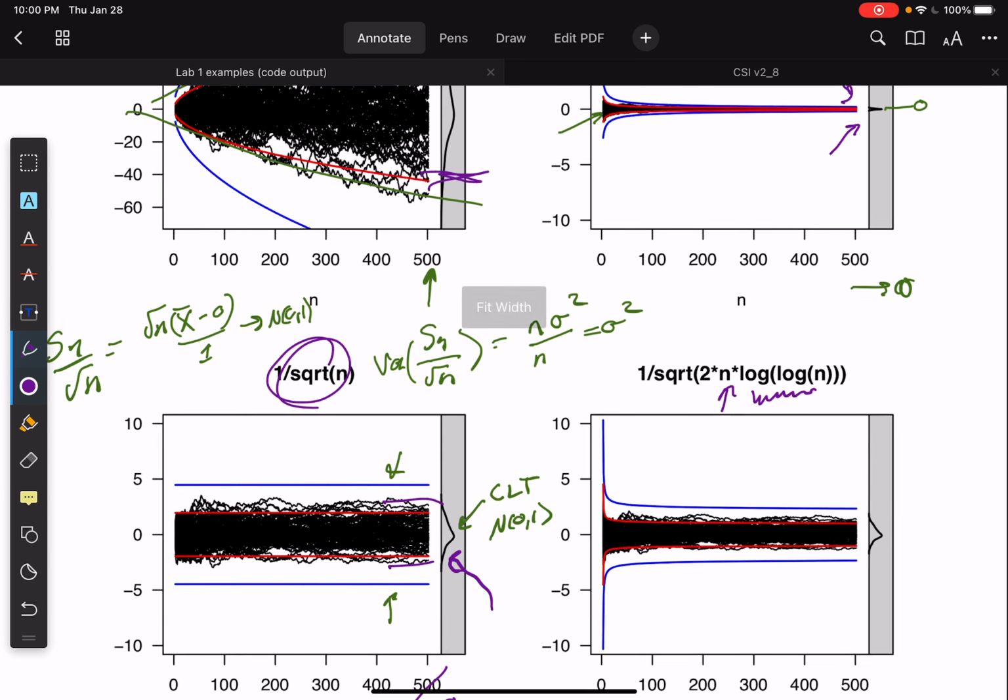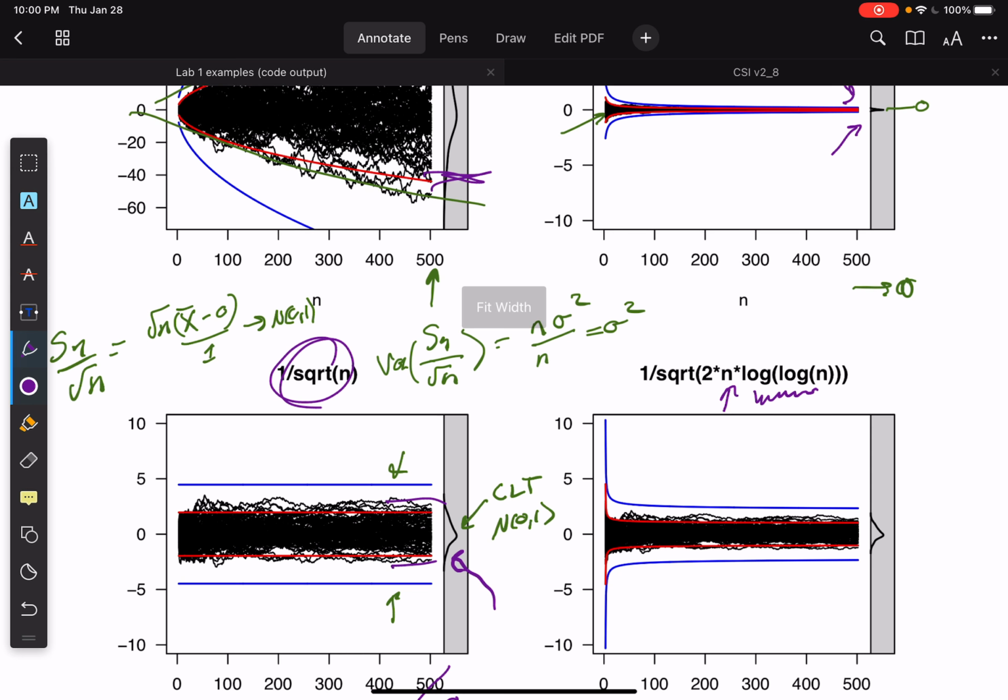And so what you can see in this case is that the variance is just slightly less here than in this case. Because here the variance is sigma squared over 2 log n. That's the variance, because this n here cancels with that n there.